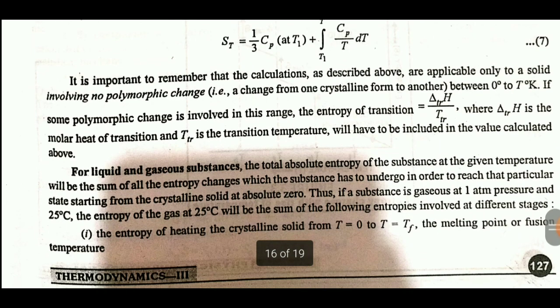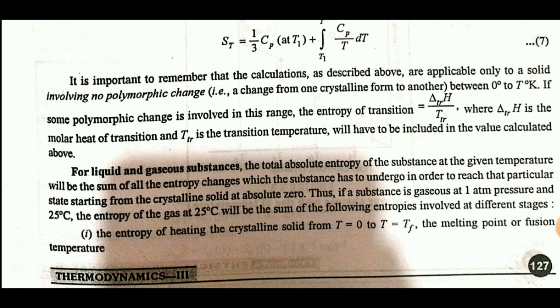It is important to remember that the calculation as described above is applicable only to a solid involving no polymorphic change, that is a change from one crystalline form to another between 0 degree to T degree Kelvin. If some polymorphic change is involved in this range, the entropy of transition is equal to del TRH upon TTR, where del TRH is the molar heat of transition and TTR is the transition temperature, and it will have to be included in the values calculated above.